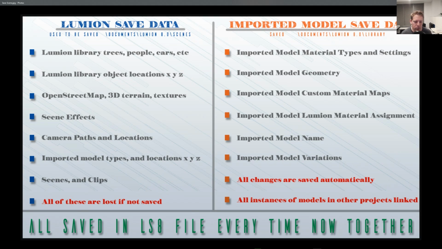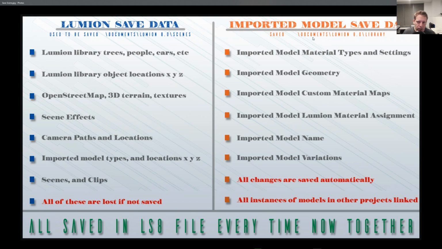So if you had a bright red car in the front in an old project, and then you use that in another project and tone it down to a gray, when you open the old project again, it's going to be a gray car now. So I hope that's understood.